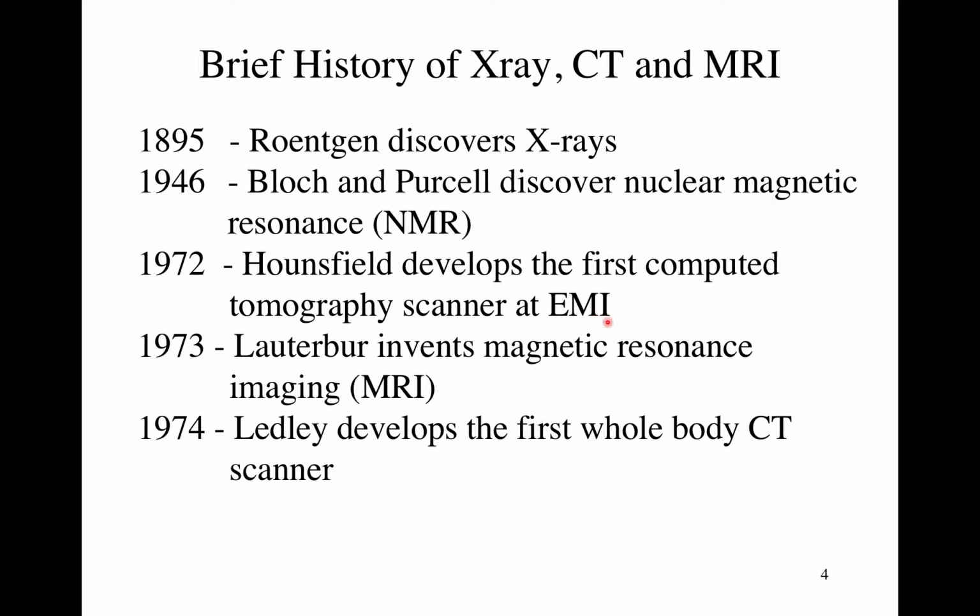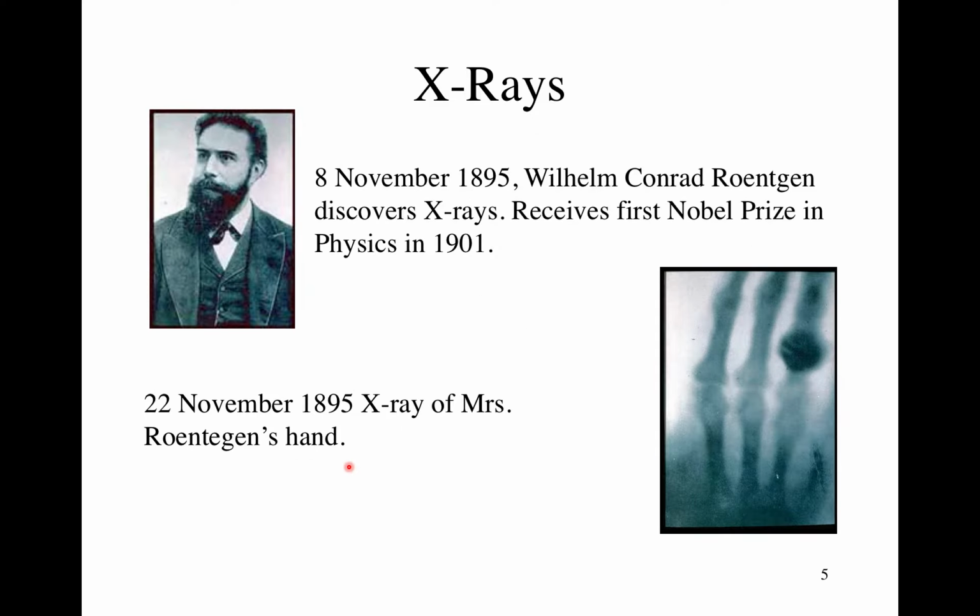And this was the company that at the time had a lot of cash because the Beatles had just broken up, but they'd made them a lot of money before they broke up, right? So EMI actually owned Capitol Records, which probably funded his work. And then, in the mid-'70s, people were building whole-body CT scanners.